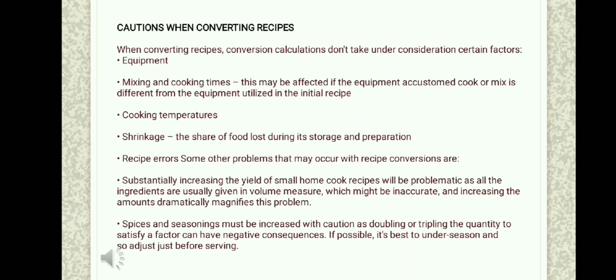Also, spices and seasonings must not simply be increased by the same factor, as doubling or tripling the quantity can have negative consequences. So if possible, it's best to under-season and adjust before serving.